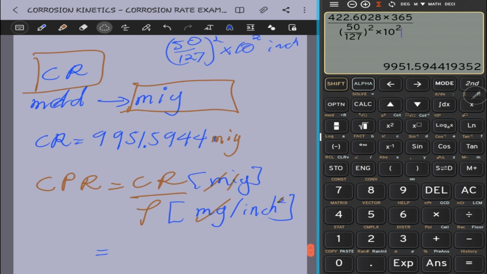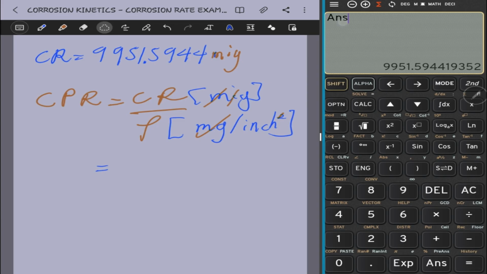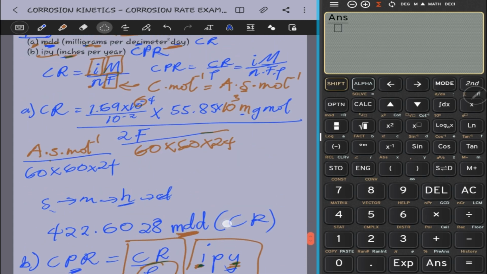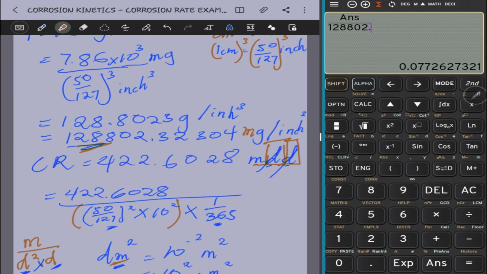So let's see. The corrosion penetration rate is the corrosion rate divided by the density, right? So this here will be the answer. The CPR divided by the density we found, and the density, after we converted everything, was 128.3230304.